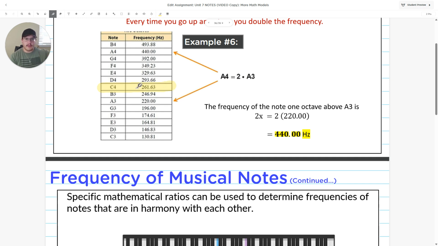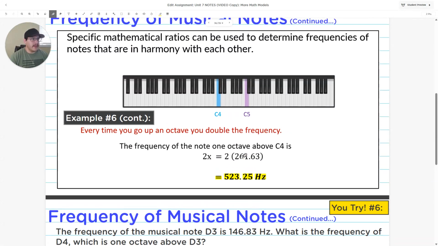And notice how C5 is not a part of our list of notes on the table. So we can't just simply look at the chart right here. If we want to get to C5, we need to double whatever C4 is. So we're going to take 261.63, multiply it by 2, and we will get 523.25 hertz to get the next octave up.